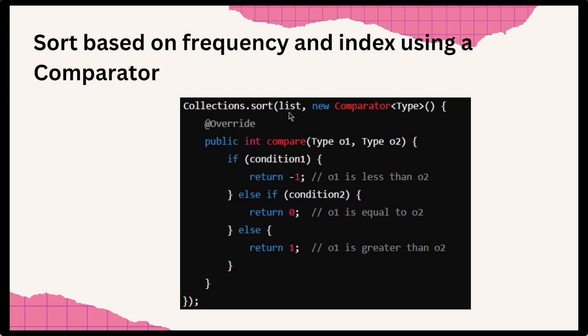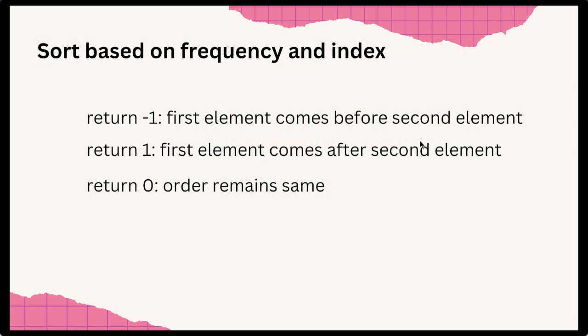So let's populate this with our list. Let's say it has 2, 5, 2, 2. It will take two elements, O1 and O2, and based on the conditions, it is ordered. If this particular condition returns -1, then the first element comes before the second element. So I already told you it takes two elements. Let's take the first element as n1 and the second element as n2.